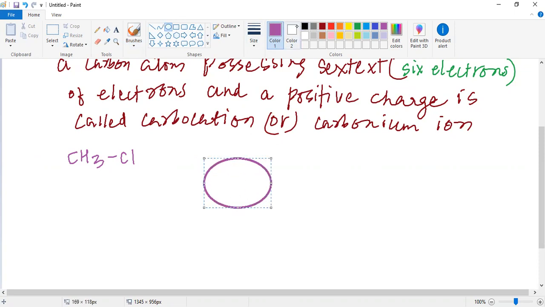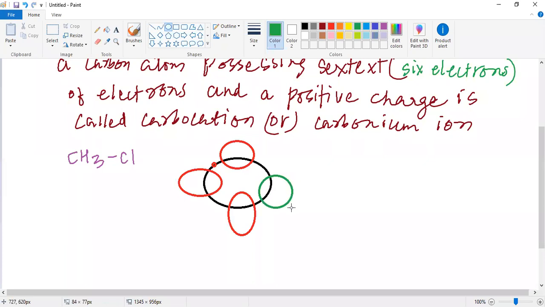This is carbon that has got, my dear student, 1, 2, 3, and 4.